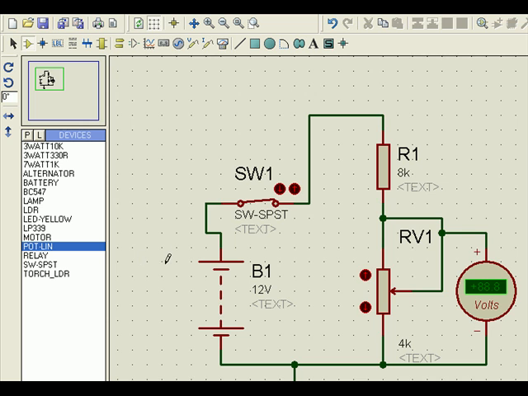Now let me see what exactly the situation is. Now this resistance is 8K, but this 4K resistance is now half bypassed. You can see half of it is bypassed. That means the actual resistance of this is about 2K, from here to here, because here to here it is bypassed. So it's a 2K resistance.